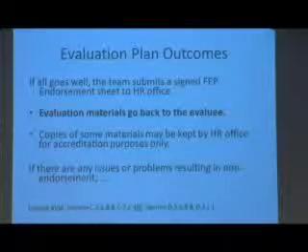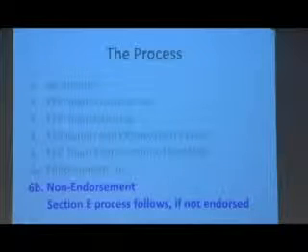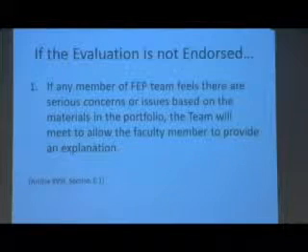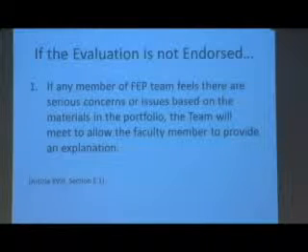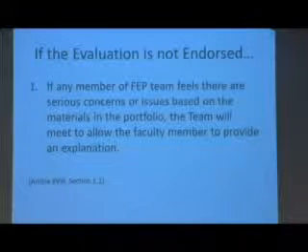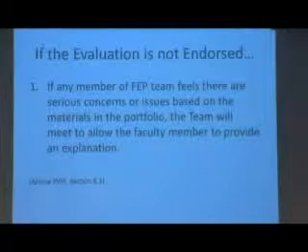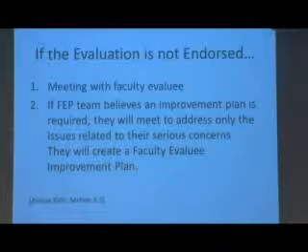If there are any issues or problems that result in non-endorsement, then we go to Section E in the process. And so that states that if any member of the FEP team feels that there are serious concerns or issues, then the team will meet to allow the faculty member an opportunity to provide that explanation, to discuss the issues, to identify, again, if there are appropriate remedies to that.